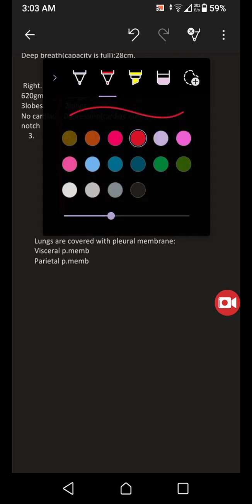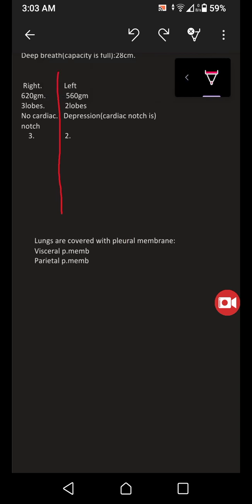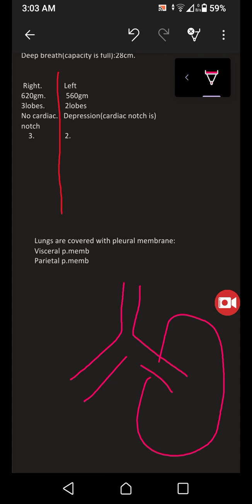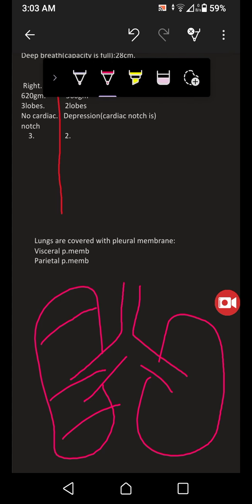So let me first show the diagram. Okay, so the right lung is divided into three lobes: one, two, and three.